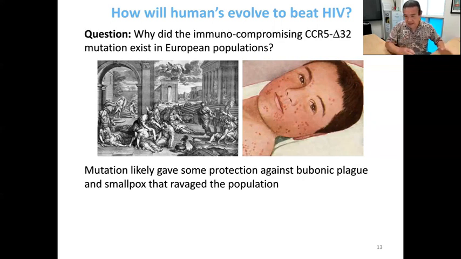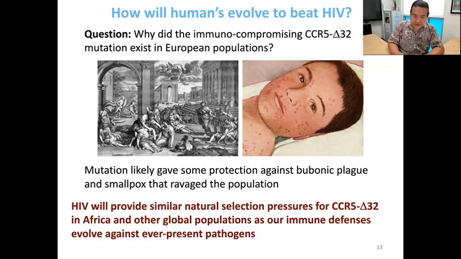So back in the history of Europe, Western Europe, when things like the Black Death, bubonic plague, right, killed millions upon millions of people, people who had this mutation were more likely to be able to survive. And therefore, this mutation got passed on to their offspring. So I want you to think about this.